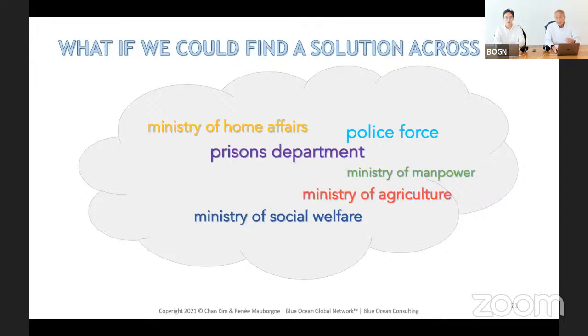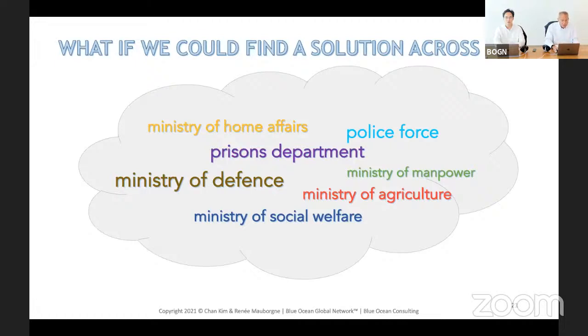Can we all sit down and look at it as a social problem, and not just a prison department problem? Okay, that's where the example is like Airbnb. Can we not be confined by the existing policy? Can we look across different ministries, across different policies to find a solution?